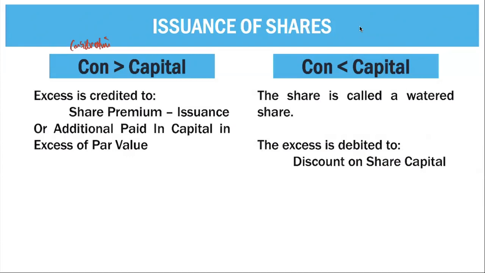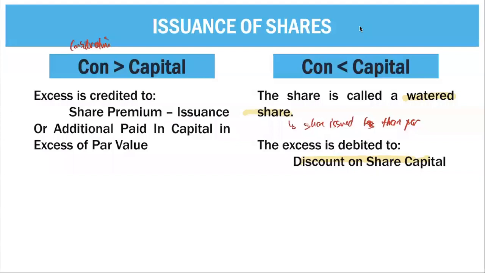If the consideration is lesser than the capital, then what we do is we debit it to discount on share capital. If the share is issued less than the par value, we call it watered share. Okay? A share issued less than par. Okay.